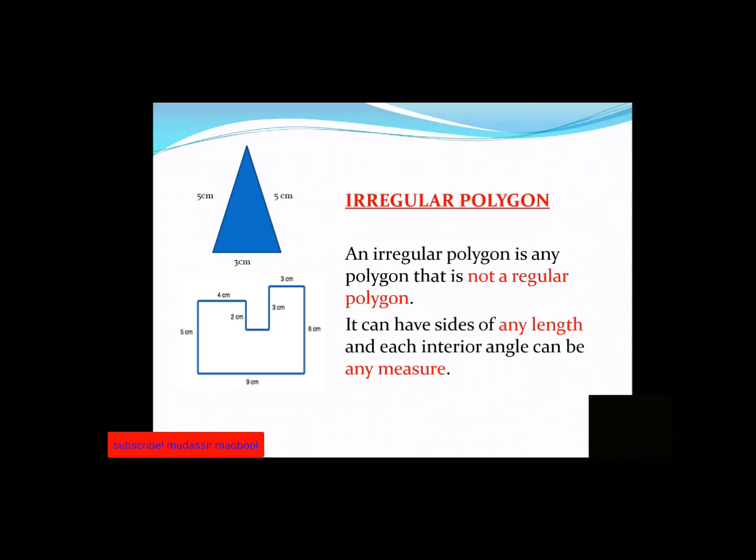So we can easily see that this is not an equilateral triangle. So if all the sides are not equal, then it is not a regular polygon. So it is simply an irregular polygon. Same is the case with the second figure in which we have different sides of different lengths.